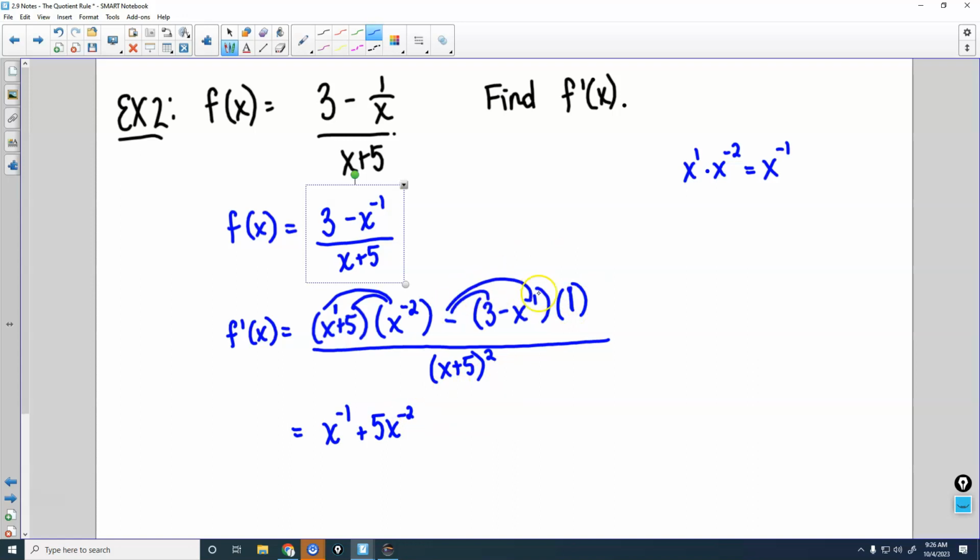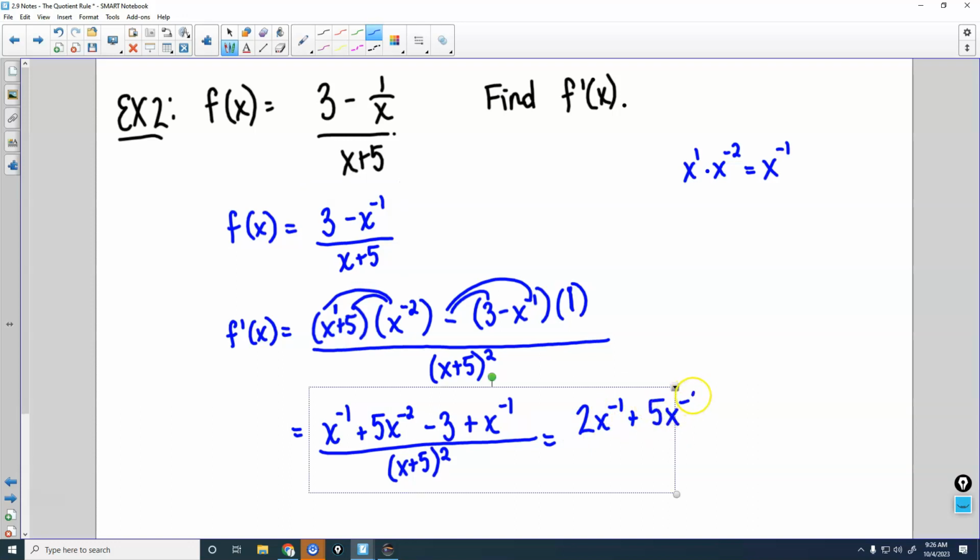I do need to distribute the negative, so I'll have minus 3 plus x to the negative 1 all over x plus 5 squared. And we want to combine those like terms. So we'll get 2x to the negative 1 plus 5x to the negative 2 minus 3 over x plus 5 squared.